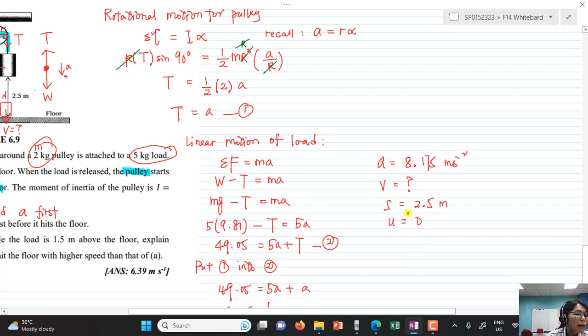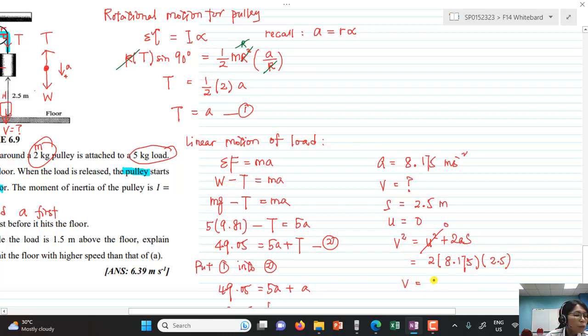So now I can determine the final speed of the load just before it hits the floor by using the kinematic equation, v squared is u squared plus 2as. So u is 0, so I have 2 times 8.175 and the displacement is 2.5.